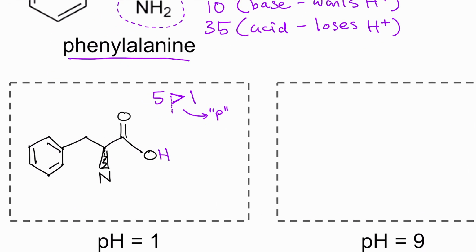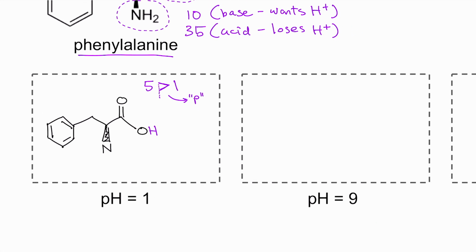So this carboxylic acid would be protonated. This makes sense because earlier we saw that if we have a pH of 1, the solution is super acidic, so it would give hydrogen protons to the carboxylic acid, which has a pKa of 5, so it's less acidic than a pH of 1.